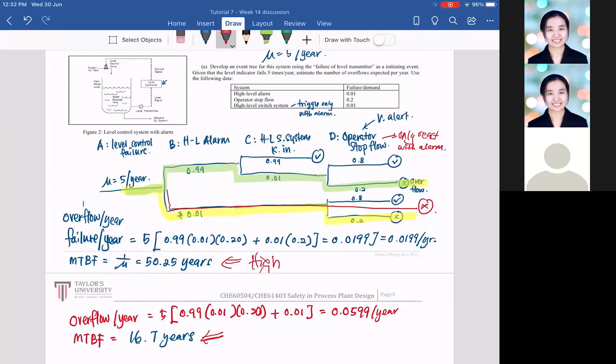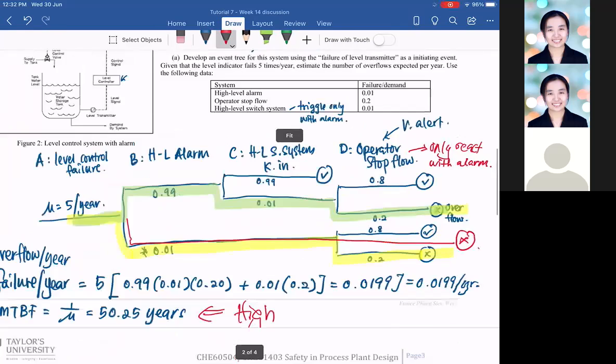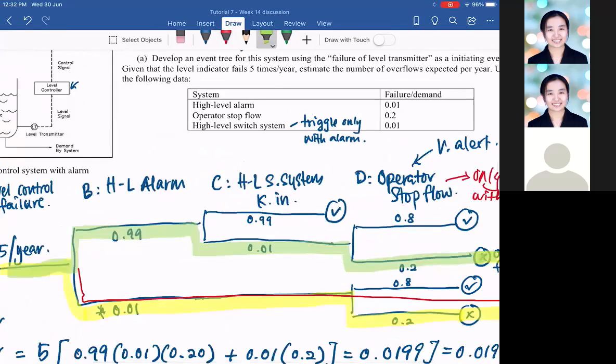What I mean by splitting up the system is that we have this high level switch system here, but this one is only triggered when the alarm rang.